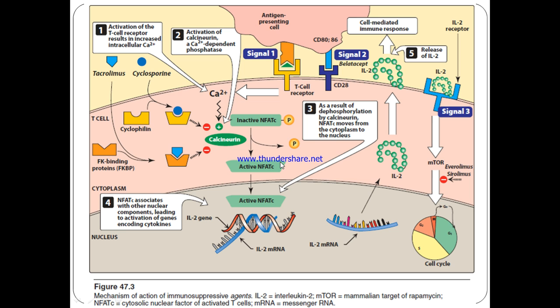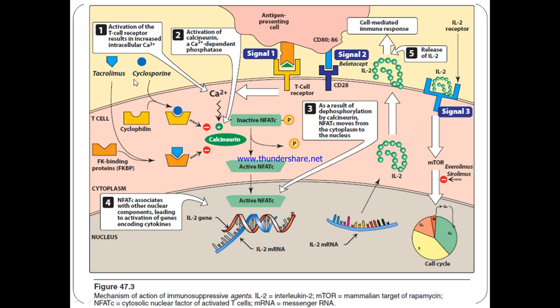Now this active NFATC will move into the nucleus, then it will act on the cytokine genes, IL-2 genes, and as a result IL-2 mRNA, and there is formation of IL-2, interleukin 2. Interleukin 2 will come out from the cell and play an important role in cell mediated immunity.